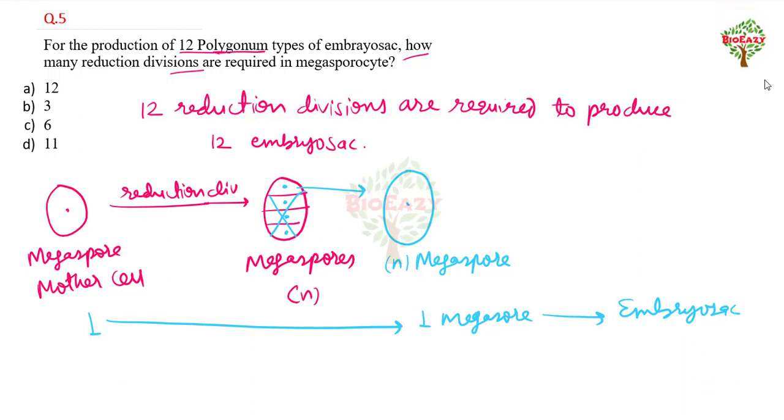So for the requirement of 12 embryo sacs, from one megaspore mother cell, one embryo sac is formed. So from 12 megaspore mother cells, 12 embryo sacs are formed with the help of 12 reduction divisions. Clear? So the answer is 12.